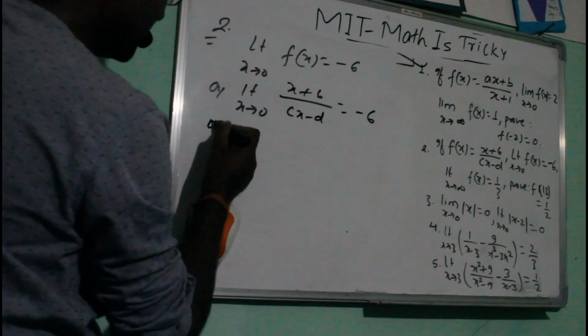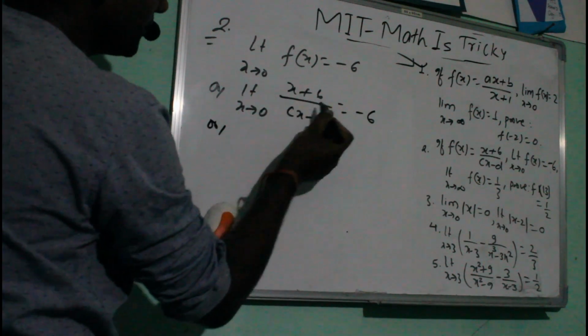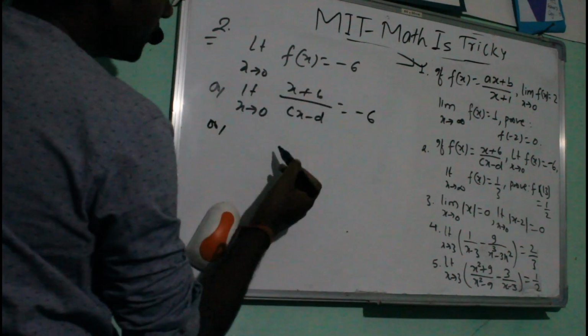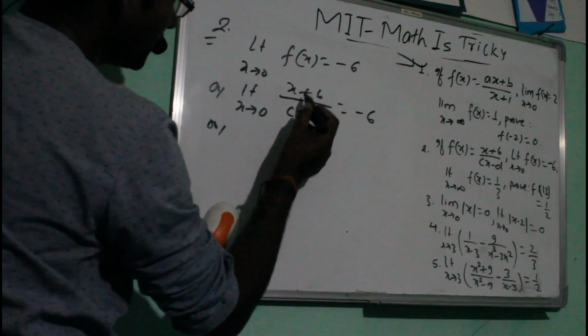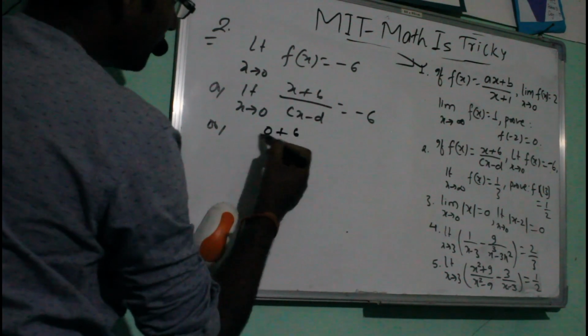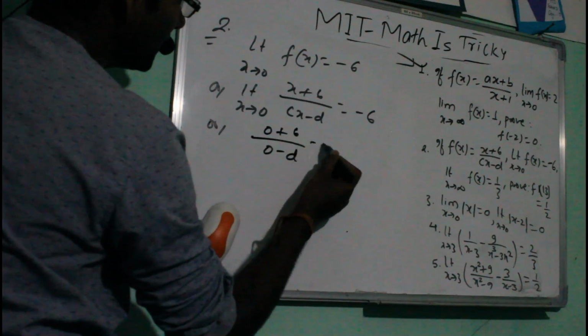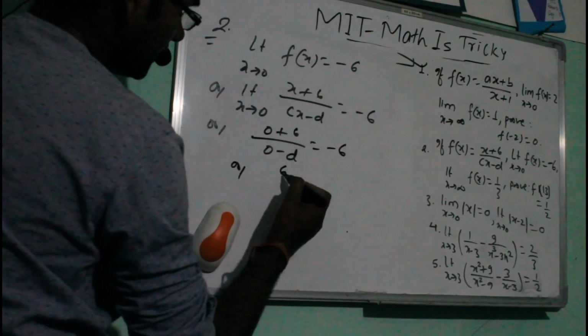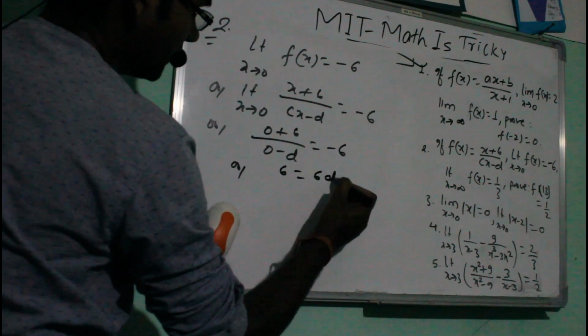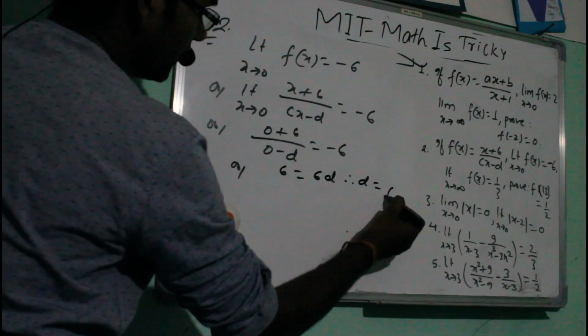Again we can see that if we put x equals 0 in the left hand side, we are not getting any indeterminate form, so we can put x equals 0: 0 plus 6 by 0 minus d equals minus 6, or 6 equals 6d, therefore d equals 1.